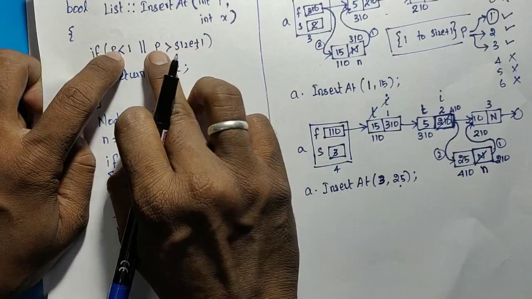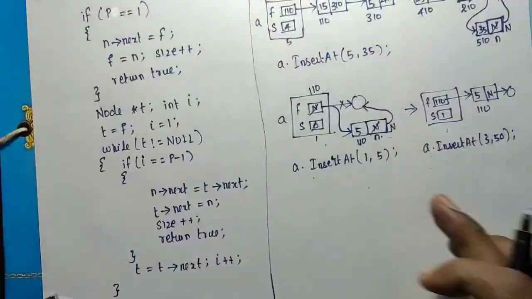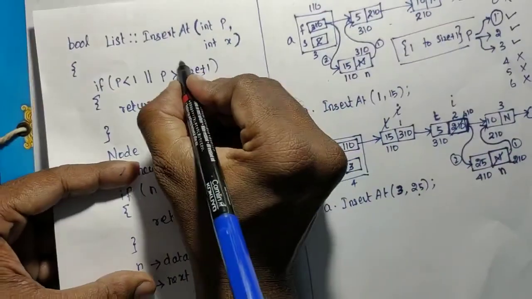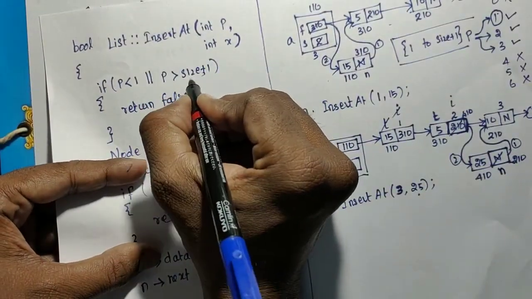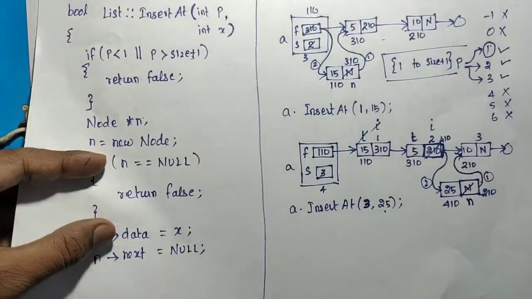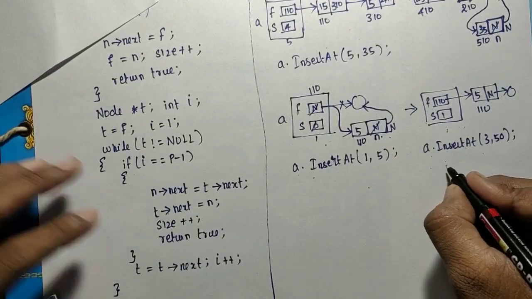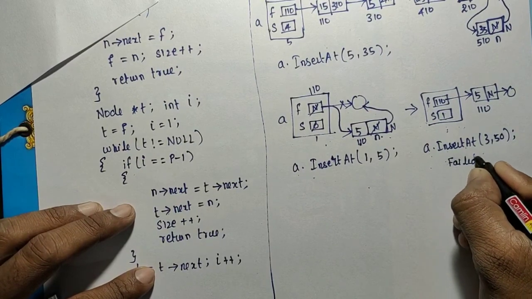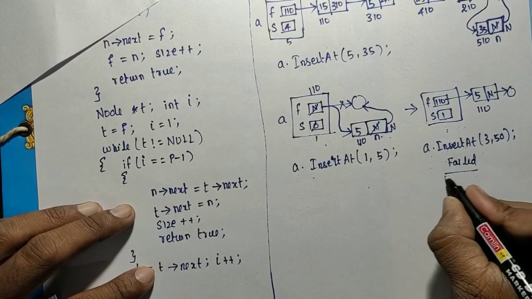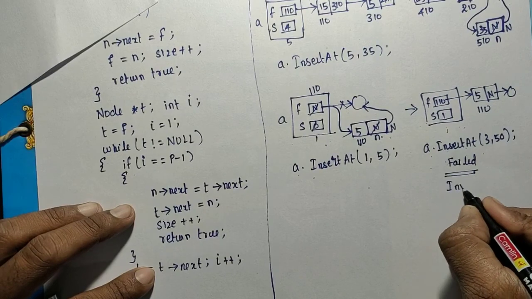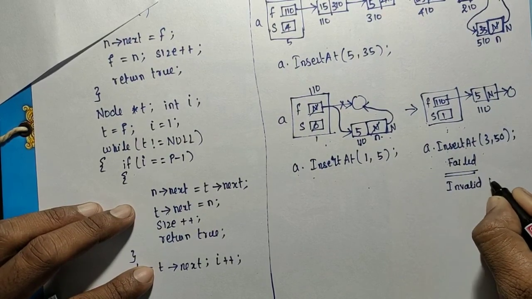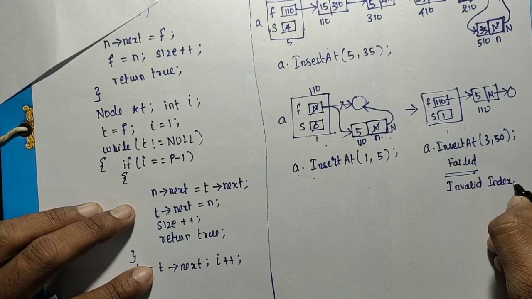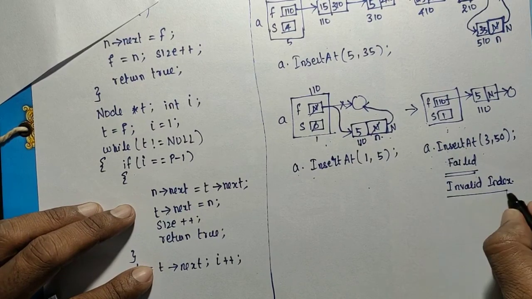But here it is true: p is greater than size plus 1. Size is equal to 1, 1 plus 1 is 2. So 3 greater than 2, condition true. So return false. So the insertion is not possible. Here the operation failed due to invalid index.